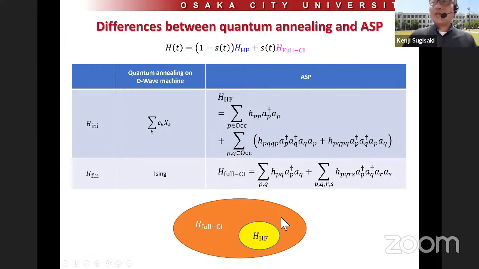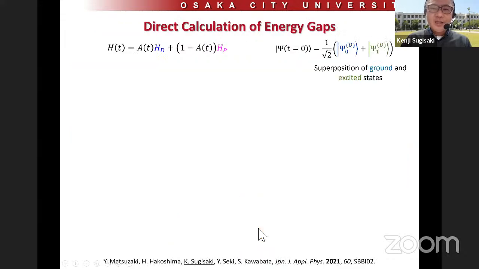So this is almost all of today's topics, but finally, I will show you some recent approach for the direct calculation of energy gap by using adiabatic quantum computers.